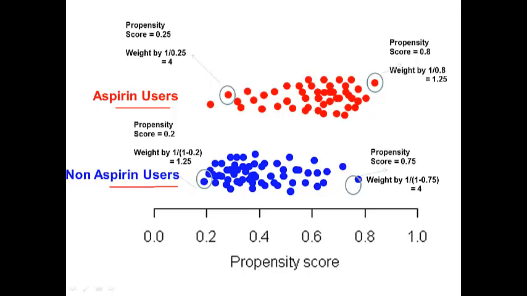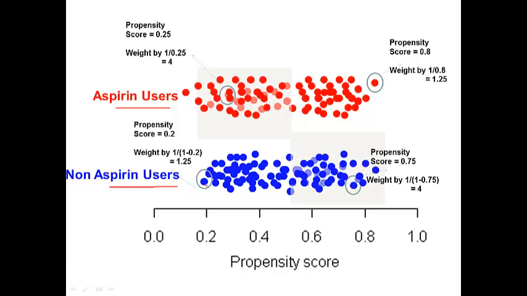What weighting does is inflate the number of observations multiplied by the weight. So you consider this one dot as having 4 dots, this dot as having 1.25 dots, this one dot as having 4 dots, and this one dot becomes 1.25 dots. So let's see what happens. I'm going to inflate the number of observations as the weights suggest. That means we are going to weight these gray areas with higher weight.